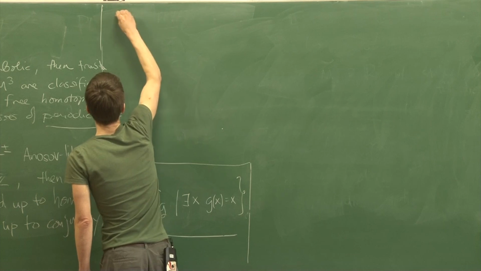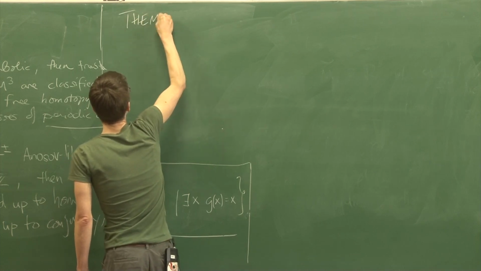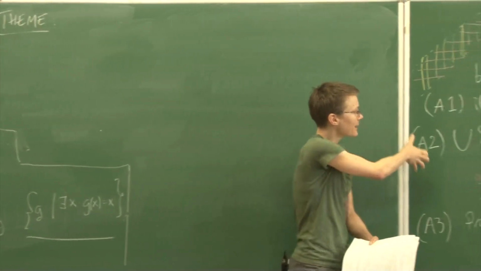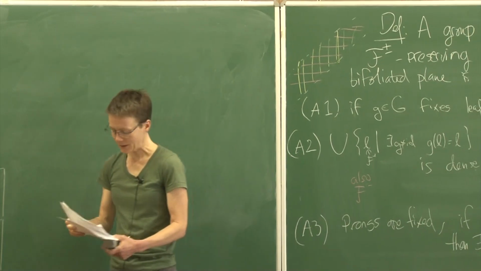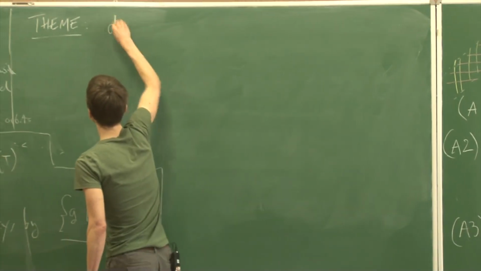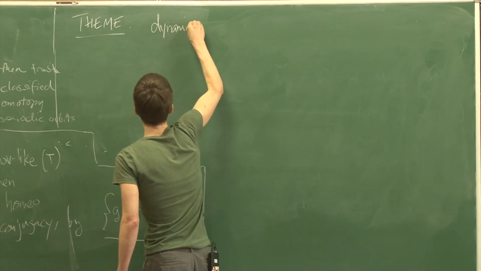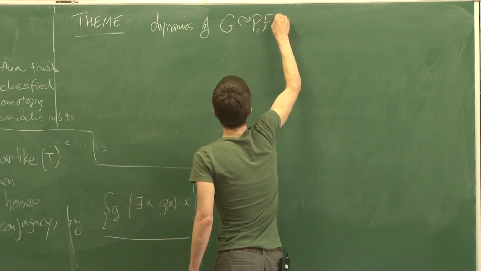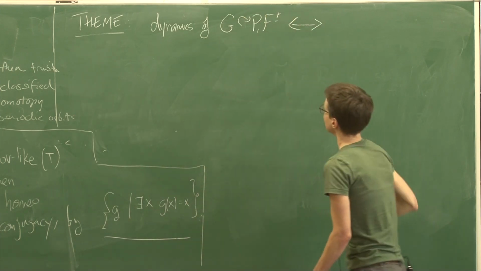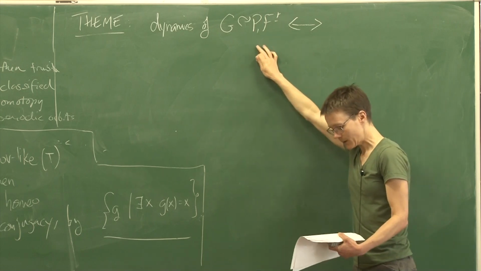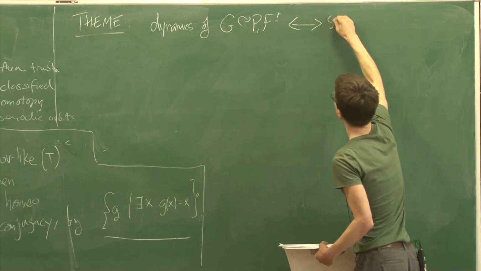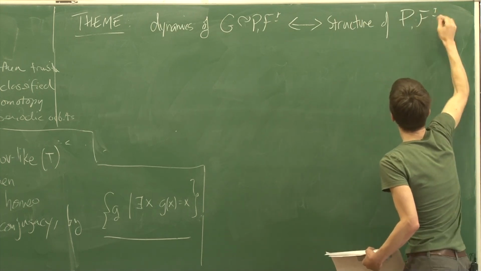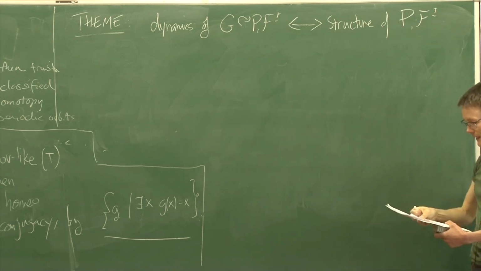So here's the theme: there's enough dynamical structure to get a relationship between the dynamics of an action and various dynamical features, which correspond to various structural features, like how leaves of the foliation meet or fit together.